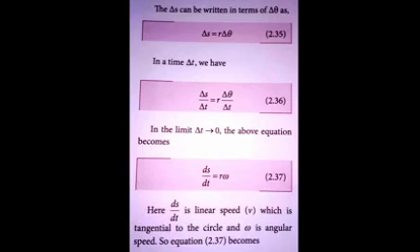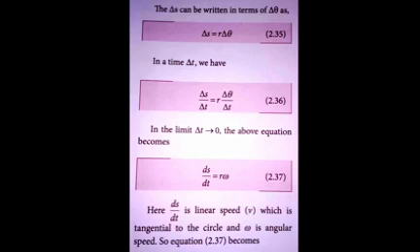Students, first we are going to find the change in displacement. We know the formula s equal to r into theta. So the change in displacement and change in angle is del s equal to r into del theta. Now I divide both the left side and right side by del t. So I get del s divided by del t equal to r into del theta divided by del t.